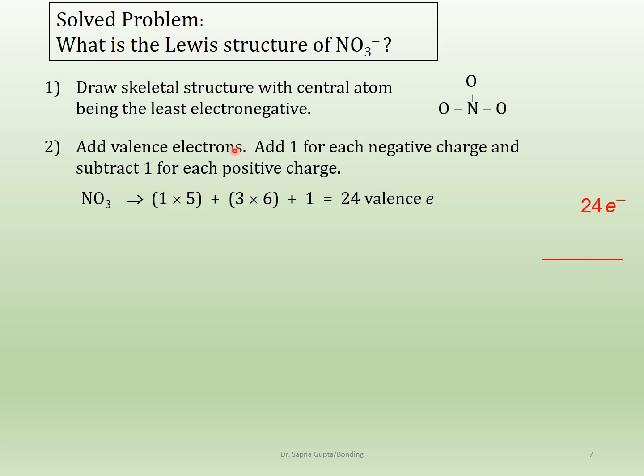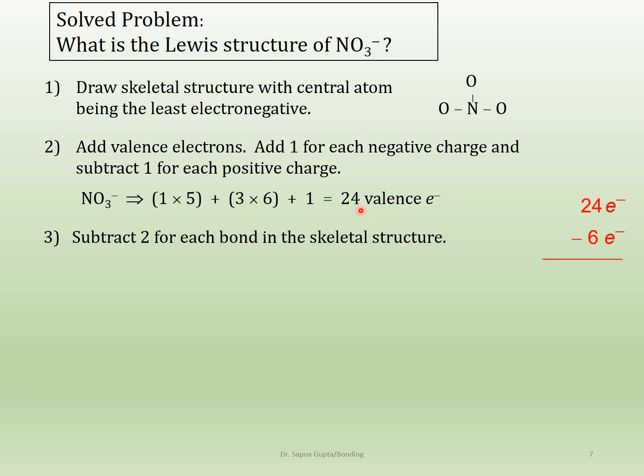Then you add the valence electrons, and remember to add 1 for the charge on the nitrate ion. So 1 times 5, which is nitrogen, and then oxygen has 6 electrons, plus 1. So we have a total of 24 valence electrons.